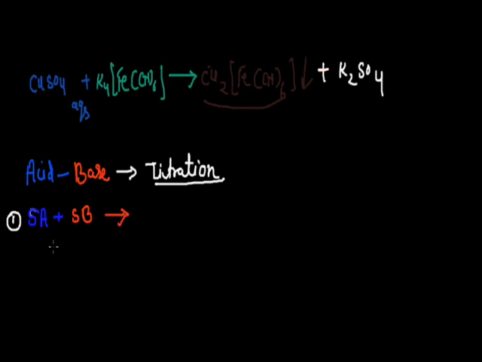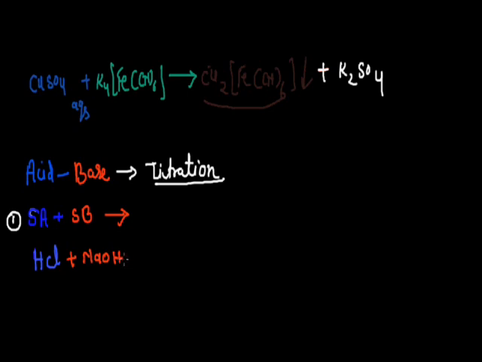If we take the example of strong acid like HCl, and the strong base like NaOH, then when we use in the titration the strong acid HCl and strong base sodium hydroxide, it is called strong acid and strong base titration.